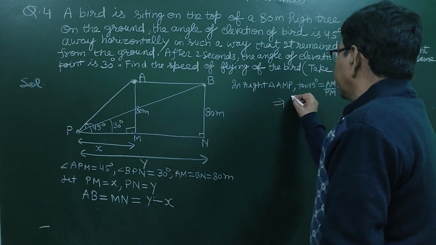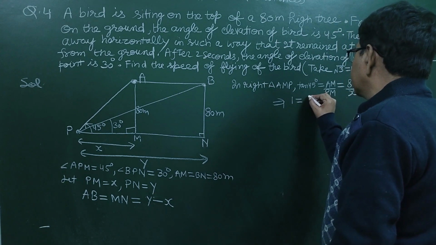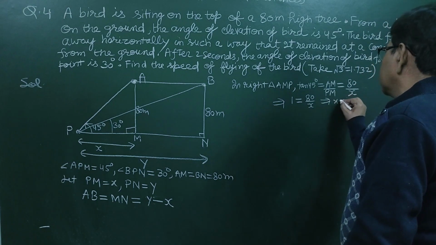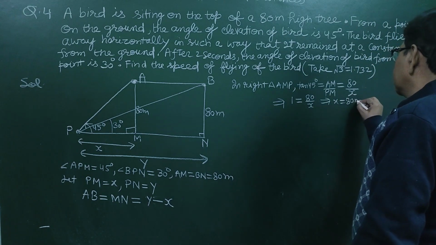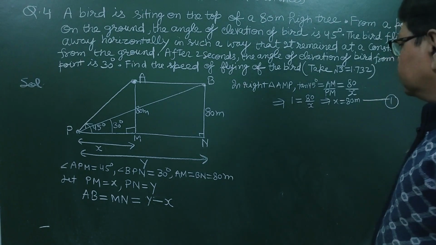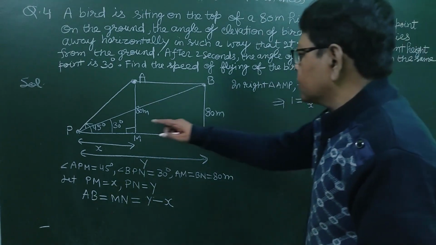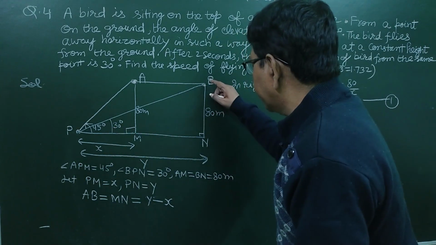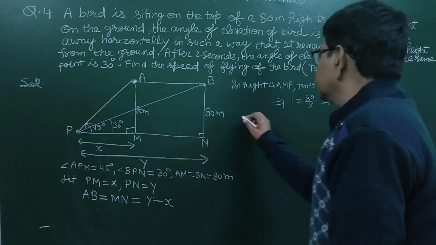Now tan 45 is 1, so 1 is equal to 80 upon x. This implies that x is equal to 80 meters. Now, to get the value of y, let us consider the right triangle BNP.